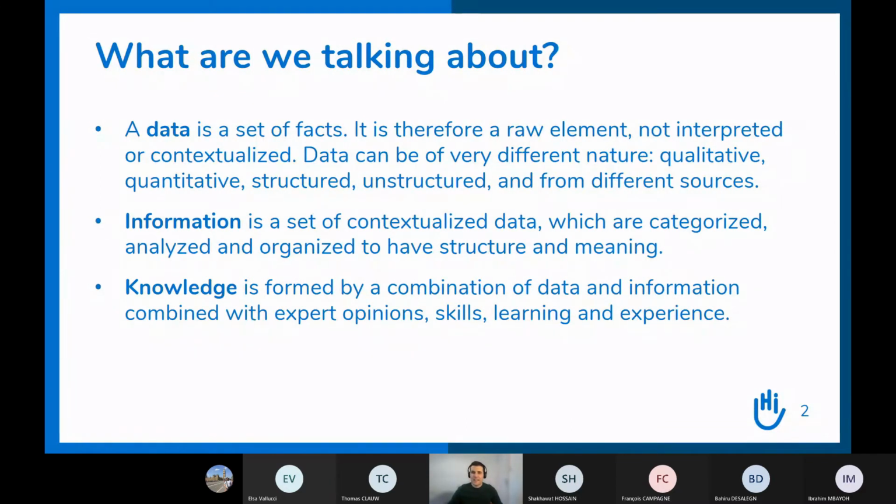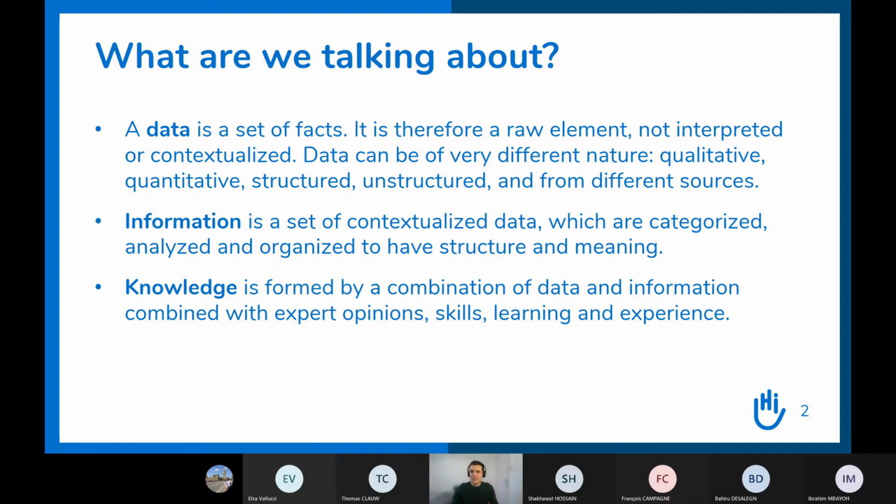So a data is the most unitary level. It's really only a set of facts. It's a raw element that is not linked to anything else. It's just one raw data with no context, no other things to interpret it.